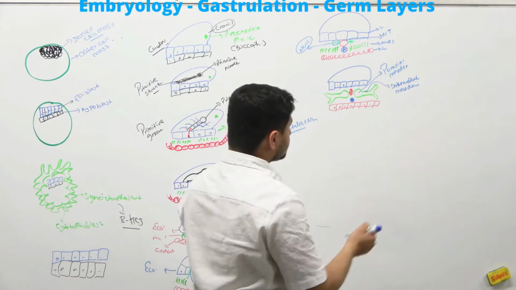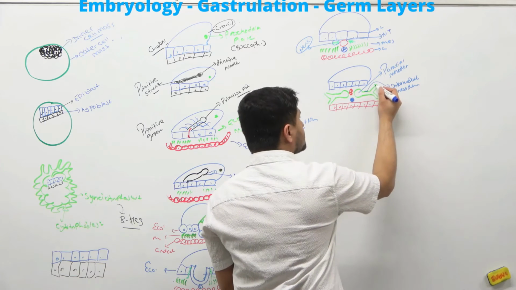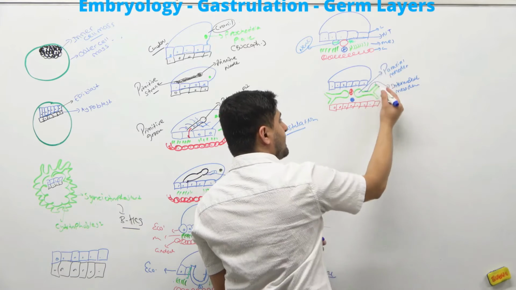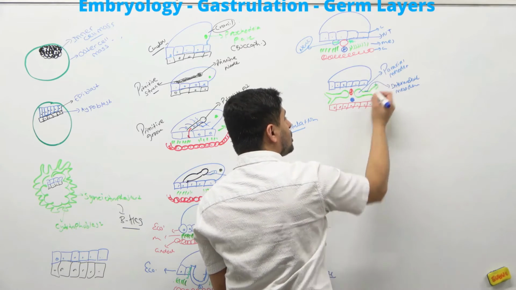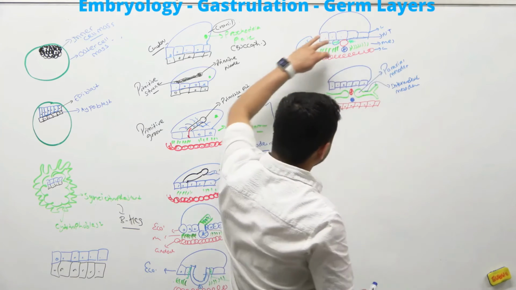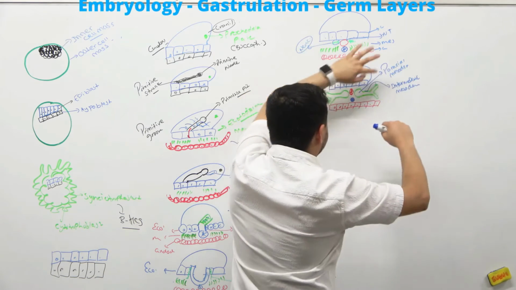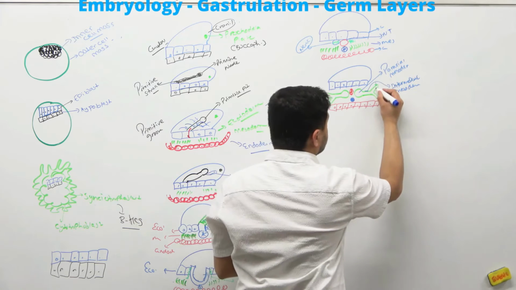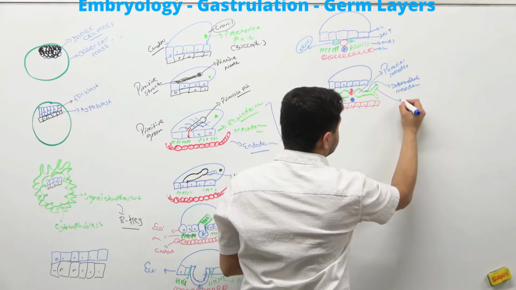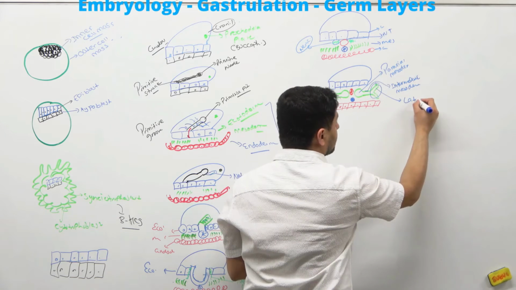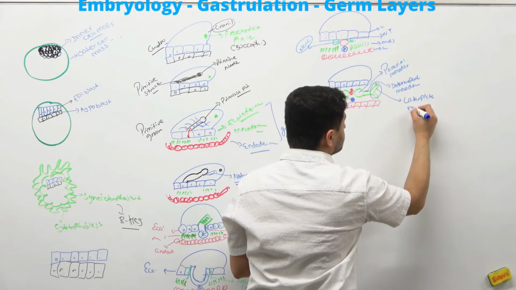And this portion right here is going to go to this layer and cover the amniotic layer. We call this the somatic layer. Let's just say this is all of them, because they are lateral, we call them the lateral plate mesoderm.